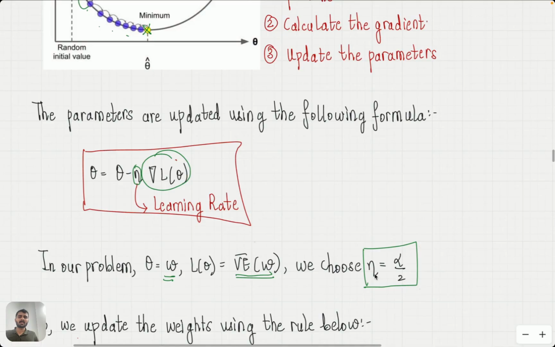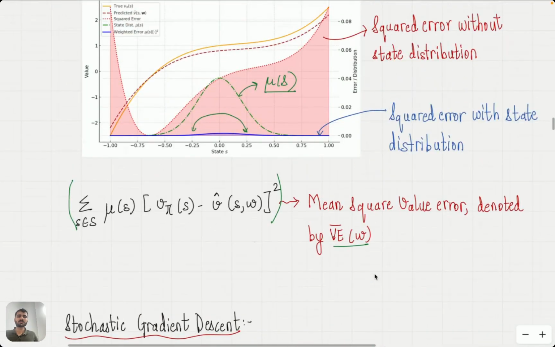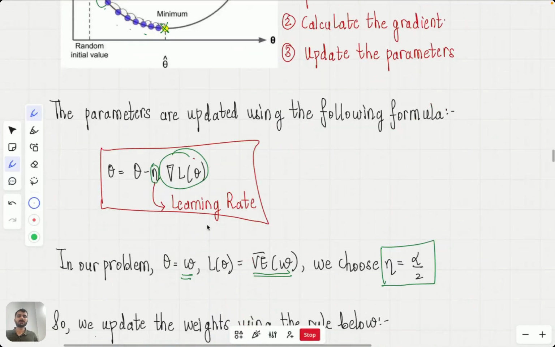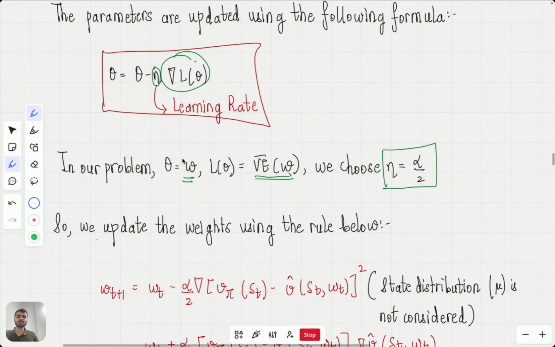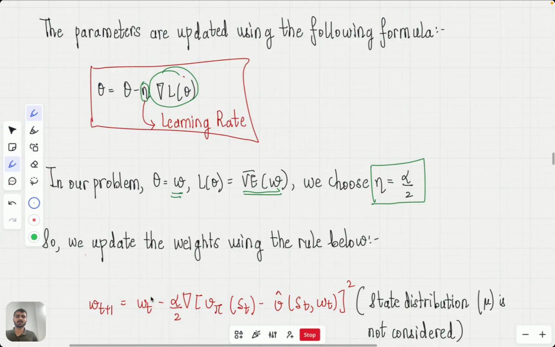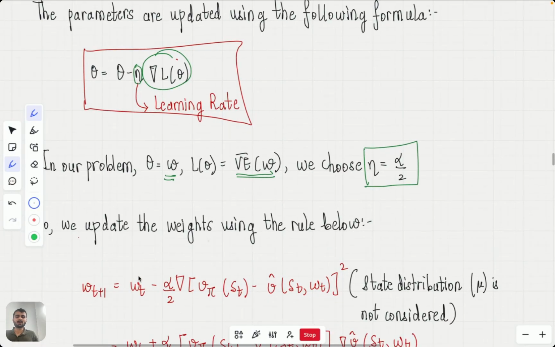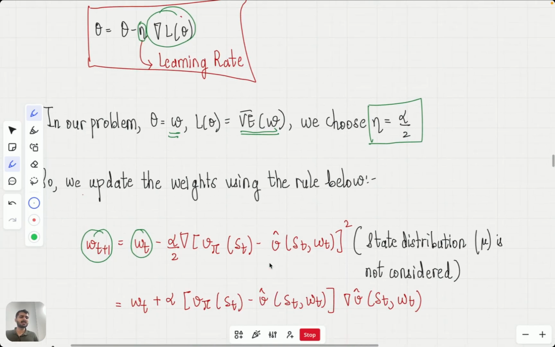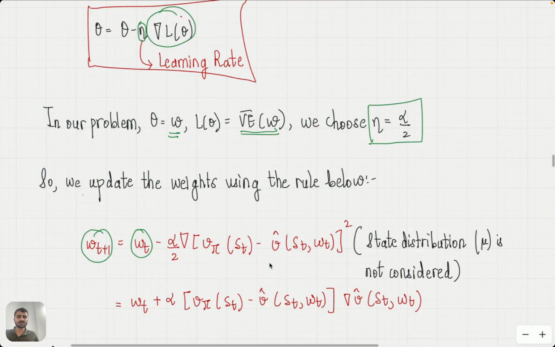Now what we do is that we use this objective function that we want to minimize, and we use this equation. So w t plus 1 is equal to w t, which is the previous weight value, minus alpha by 2, which is the value of our step size or the learning rate, times grad of this function. Notice that the state distribution here we have neglected for the purpose of simplification of the mathematical calculations.